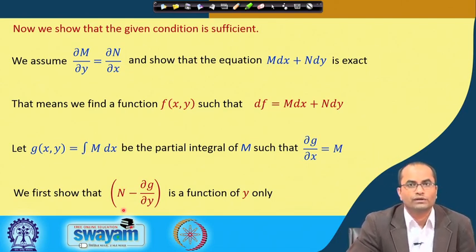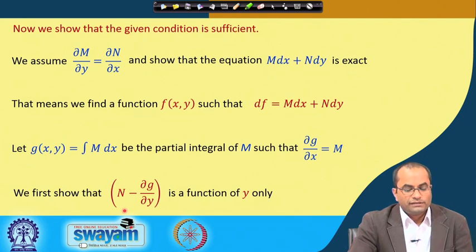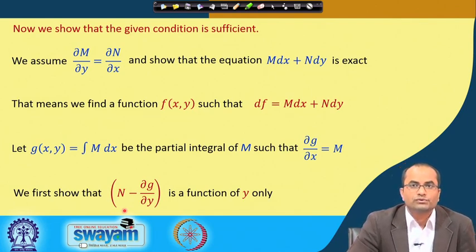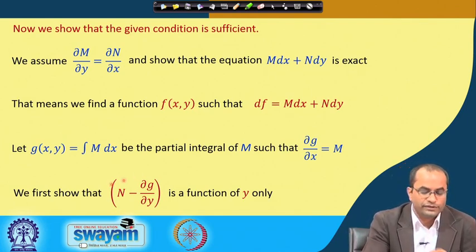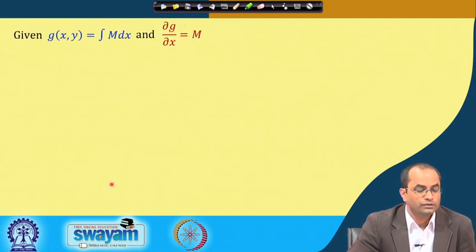Here N is the given function in the differential equation, and we subtract the derivative of the constructed function with respect to y. To show this, we just take the partial derivative with respect to x, and if it comes out to be 0, that means it is free from x and is a function of y alone.